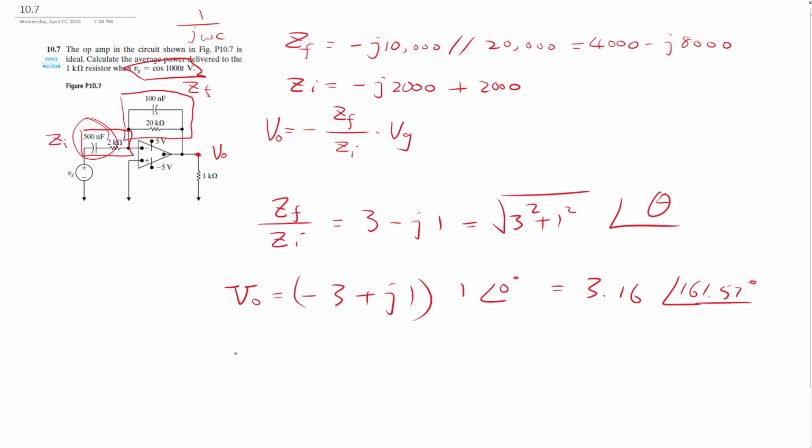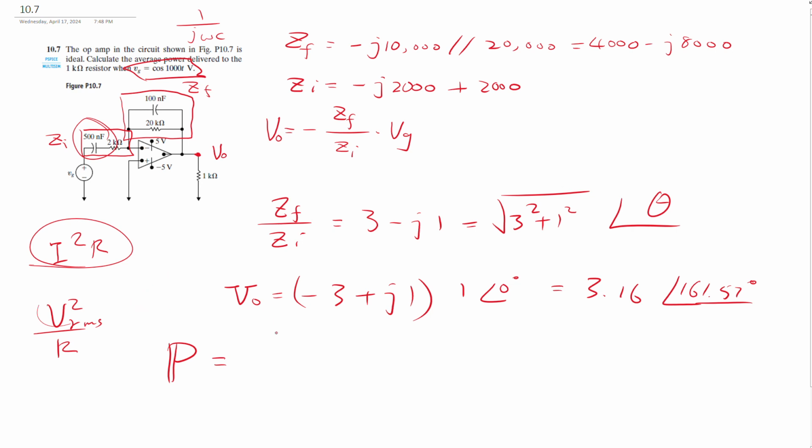Now the P equals, we know the voltage. Previously we got I squared R. Now we got V squared over R, which is still the same P. But here the V should be the RMS value, and what we got here is the magnitude.